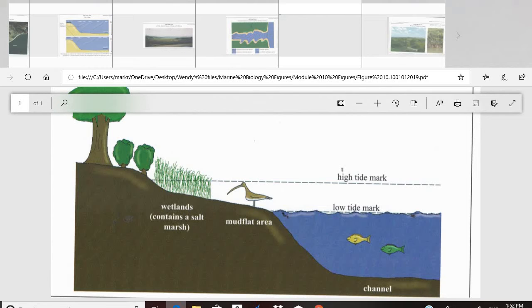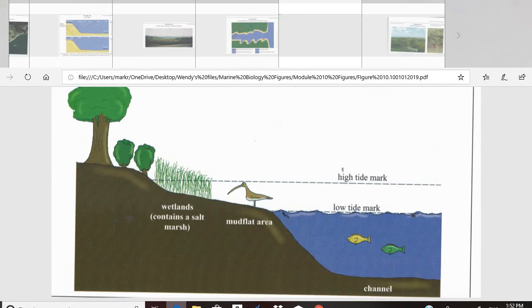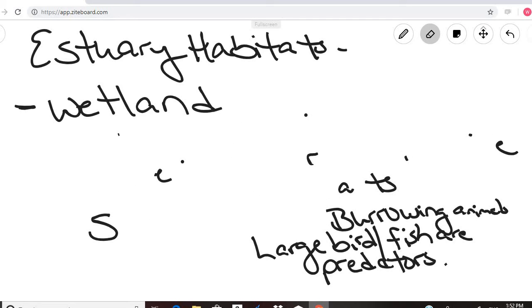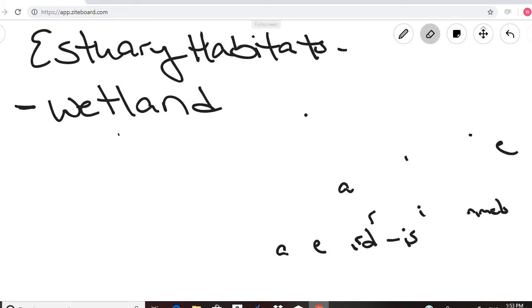So this is a wetland that contains a salt marsh, and you can see that sometimes during high tide, some of these plants could be covered. So one type of wetland is a salt marsh, right in here.